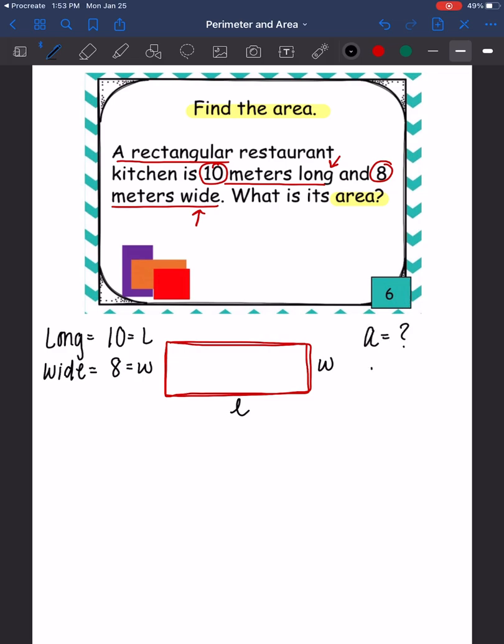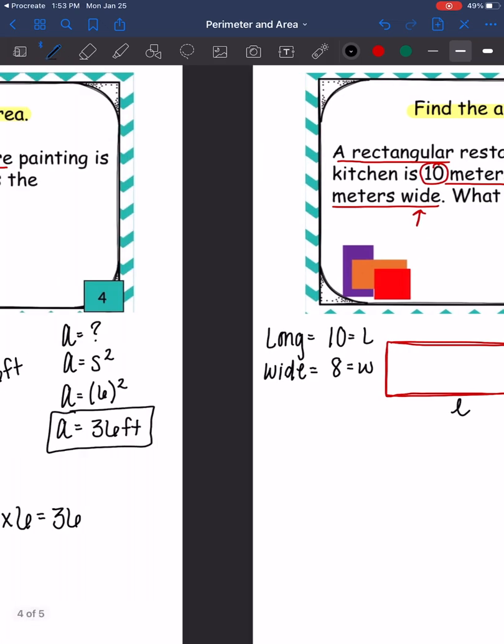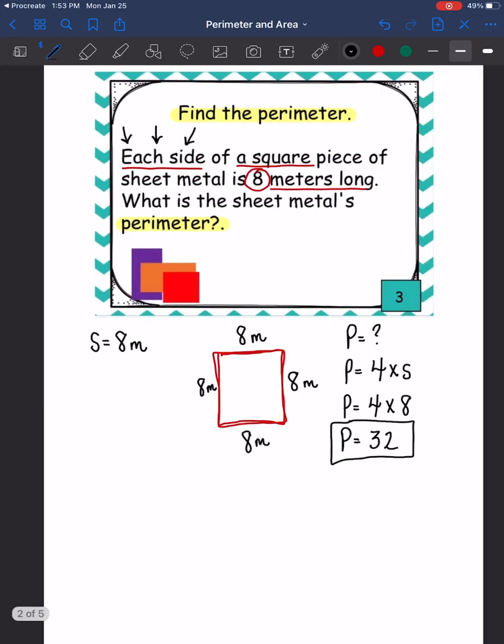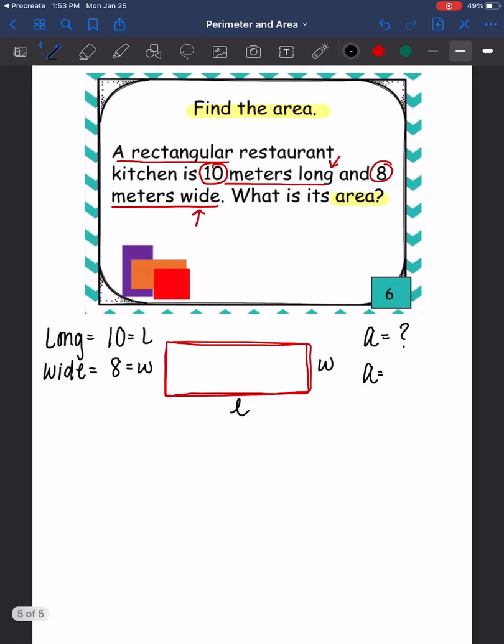And I'm going to write out my normal routine of writing the equation. So like we said, area equals length times width for the rectangle. Our length is 10 and our width is 8. So we're going to go ahead and put that into our equation.